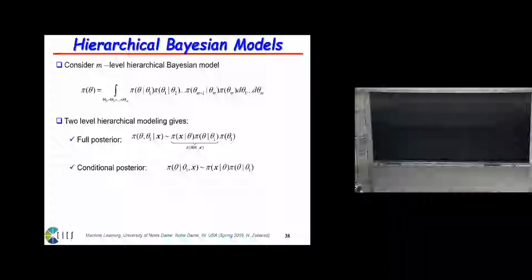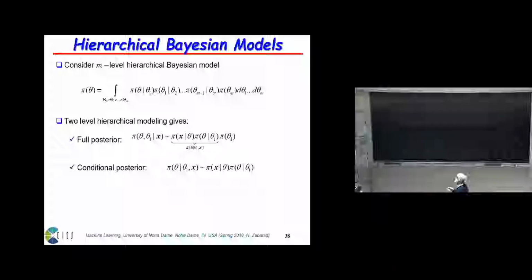So if we concentrate on two-level hierarchies, effectively, the fully Bayesian analysis is this first equation. You're going to have to basically compute the posterior of all the parameters in your problem. So if theta depends on theta 1, you're going to have to compute the posterior of theta and theta 1. That's fully Bayesian. Okay?